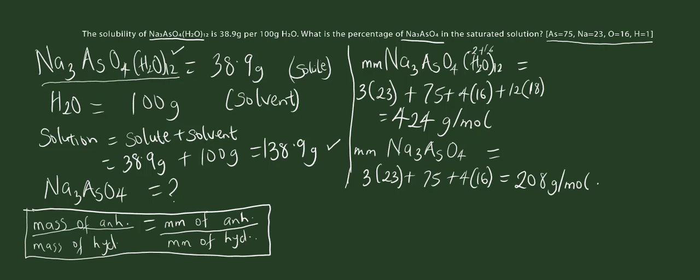Simple, easy, sweet. We're going to proceed now to determine the mass of sodium arsenate using this formula. We don't know this, we know this, right? This is it. And of course we know this, which is this.